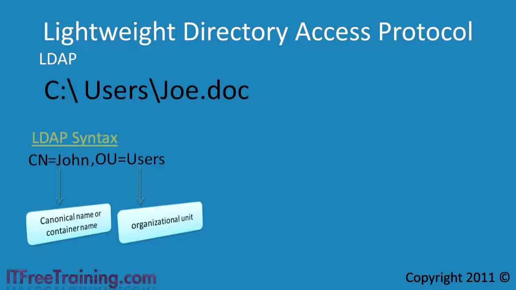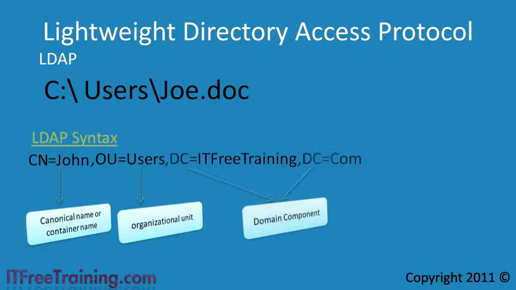In the case of files on the hard drive, I added a drive letter. In the case of LDAP, I need to add the domain it is located in. In this case, I will use itfreetraining.com. In LDAP syntax, I need to add comma DC equals itfreetraining, comma DC equals com.